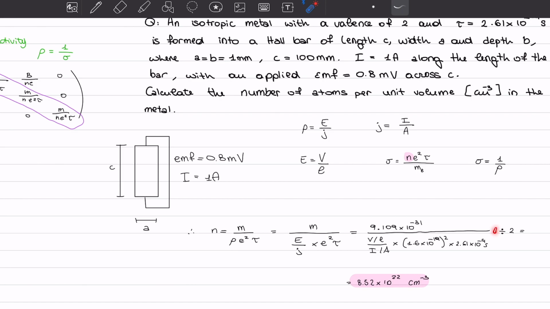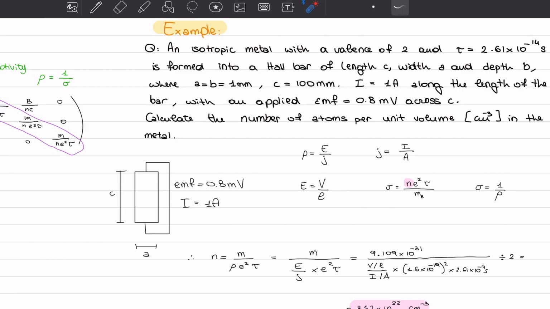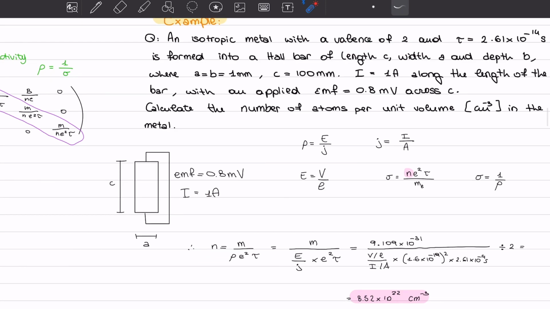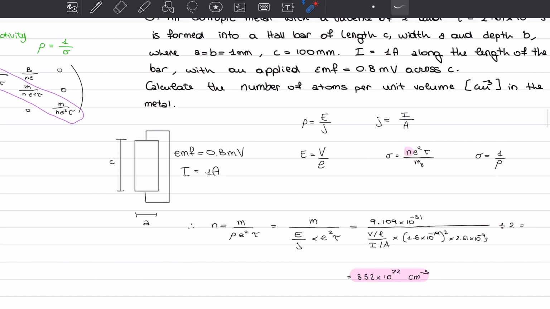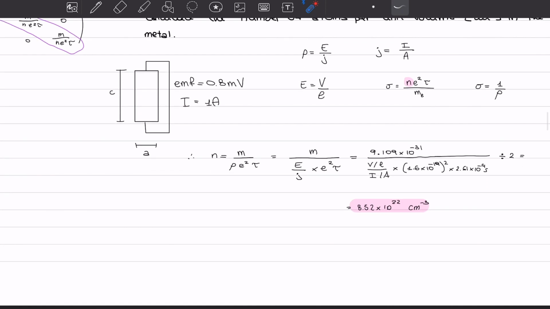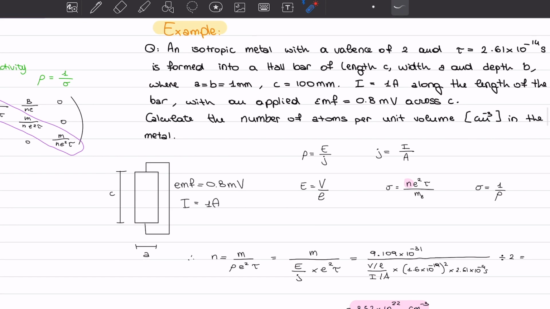Now, we need to remember to divide by 2, because in the question it says that we have a valence of 2, so 2 electrons. So we need to remember to divide by this factor of 2. And then we'll get the answer in meters to the minus 3. So we need to convert it into per centimeter cubed, because that's what the question was asking for.